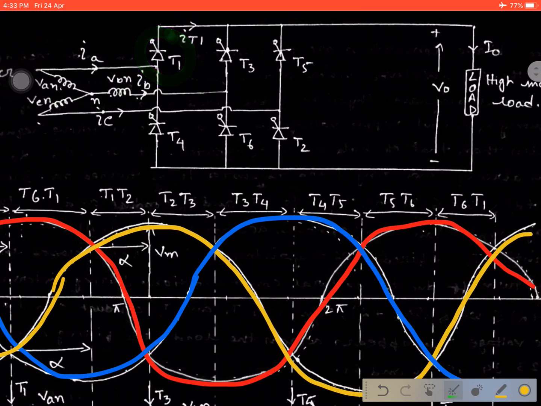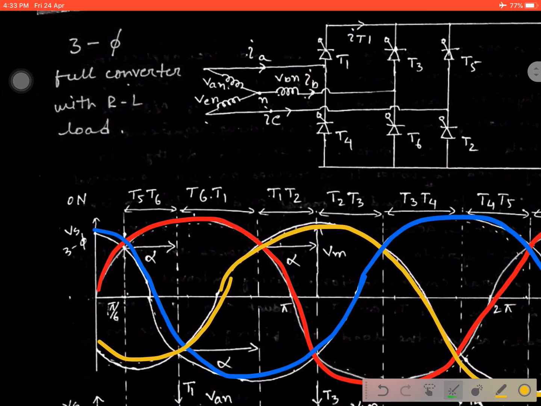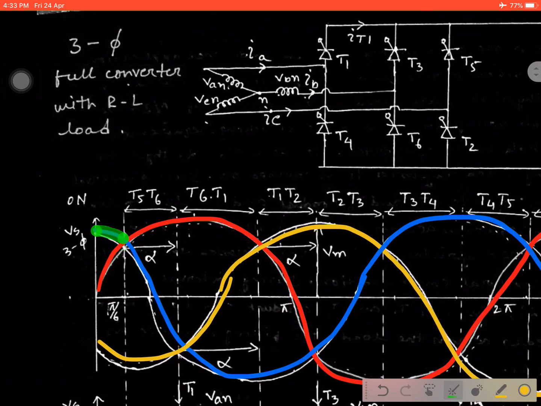If we apply the triggering pulse across thyristor T1, T1 will not be fired and will not be in conducting state. That is why we are explaining this part. So that means for 0 to pi by 6, in all the cases VAN is less than VCN and VBN, always in the reverse biasing condition.